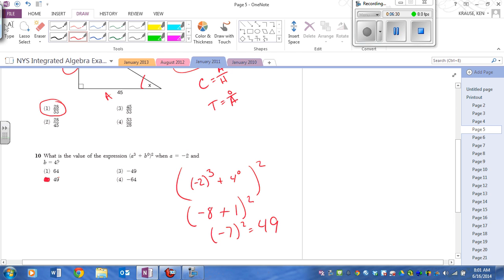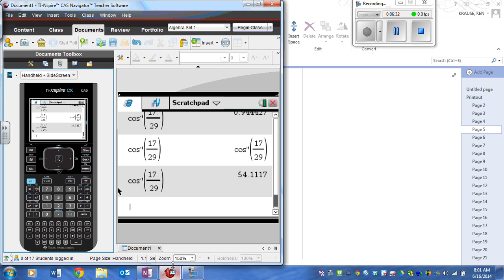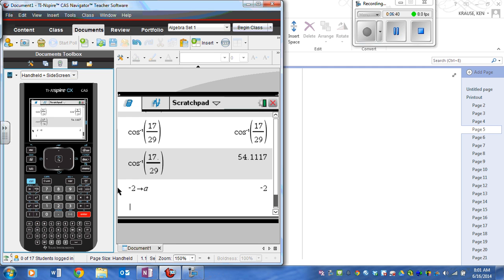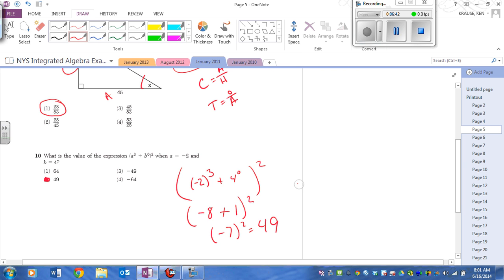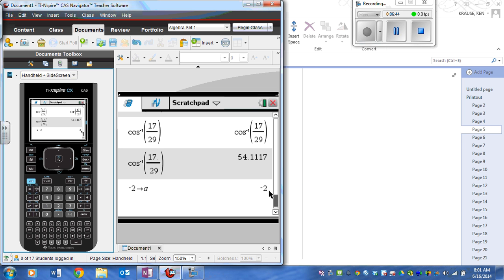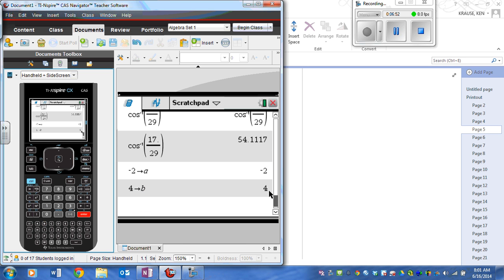Now I can get that using my calculator as well. I'll take negative 2 and store it into A, and 4, store it into B. Let's see if I got this right.